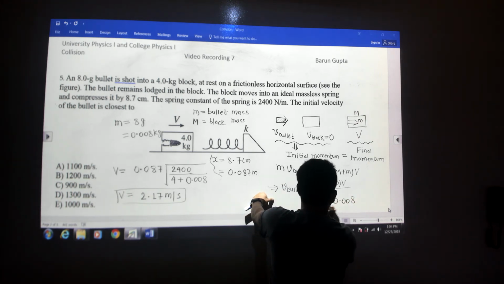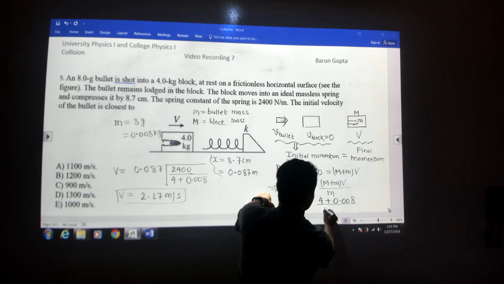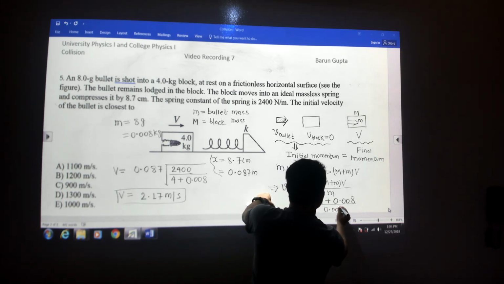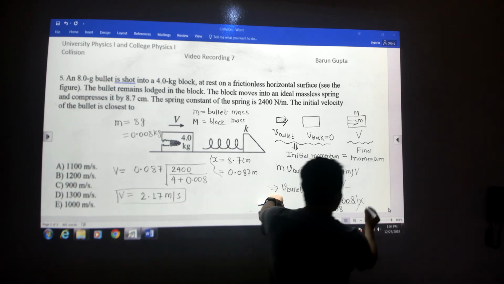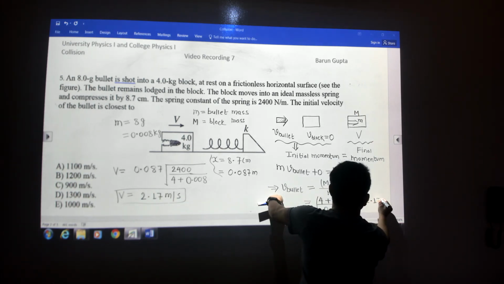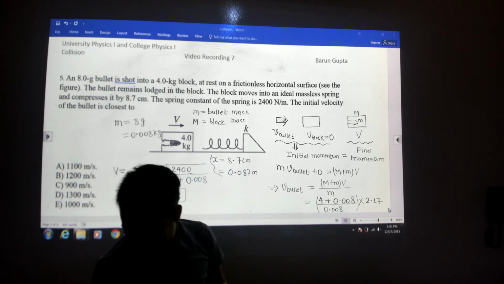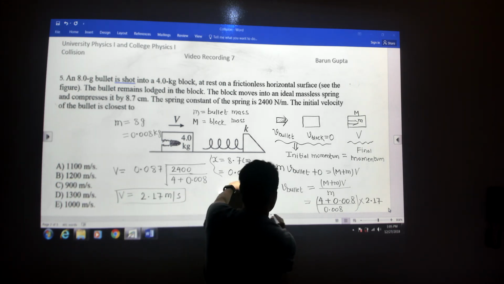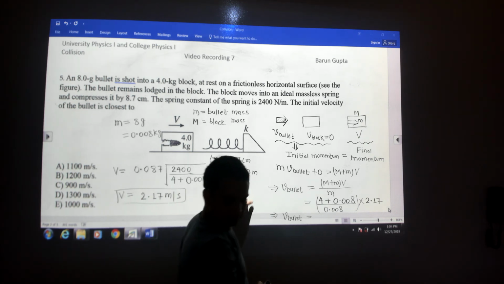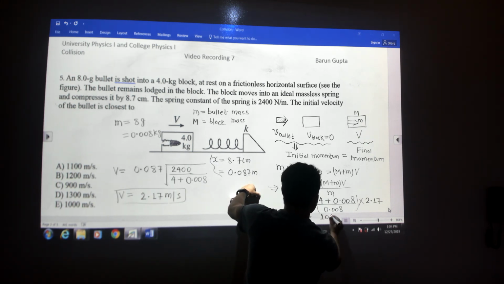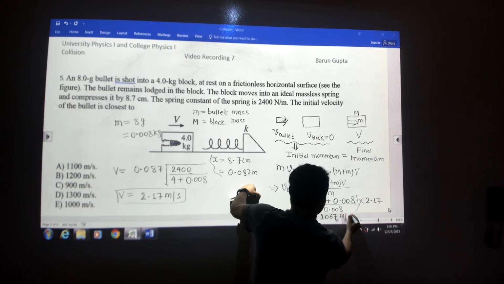So 4.008 times the velocity, 2.17. Again, use your calculator, and the answer you will get is the bullet speed is 1067 meter per second. This is the bullet speed.